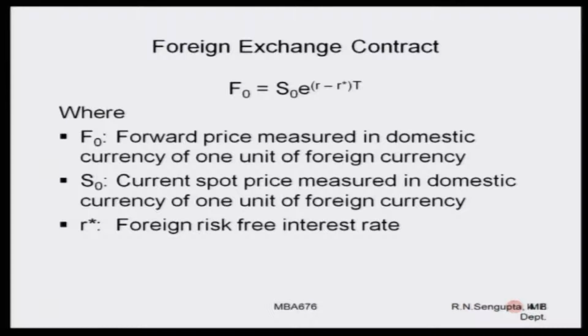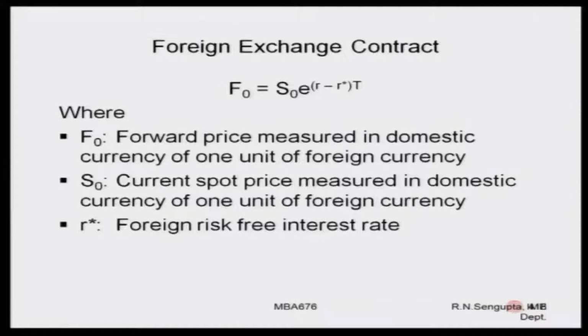So, F0 is the forward price measured in domestic currency. If I am standing in India, my domestic country is India, and the foreign country would be Japan. If I am doing my calculation standing in Japan, my domestic currency would be the yen, and the foreign country would be India with Indian rupees.